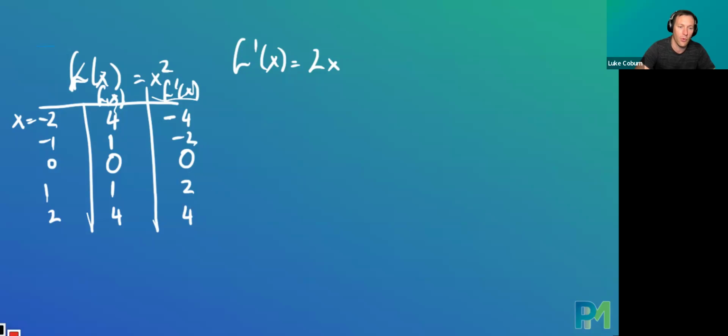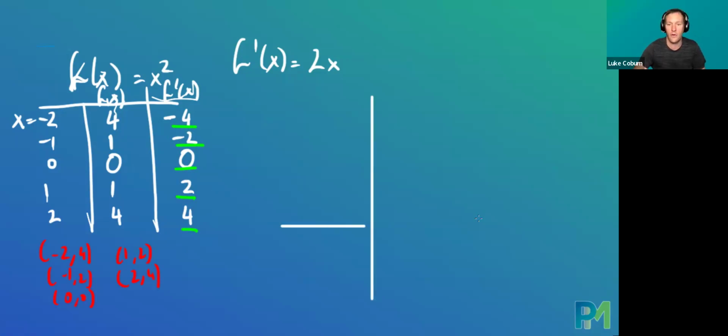Okay, so now I have the points from here. Let's write them: (-2, 4), (-1, 1), (0, 0), (1, 1), and (2, 4). So these are my points, and then I have the slopes: here is a -4, here's a -2, here's a 0, here's a 2, here's a 4. Just a moment, this will take a bit, and then I think we can stop.